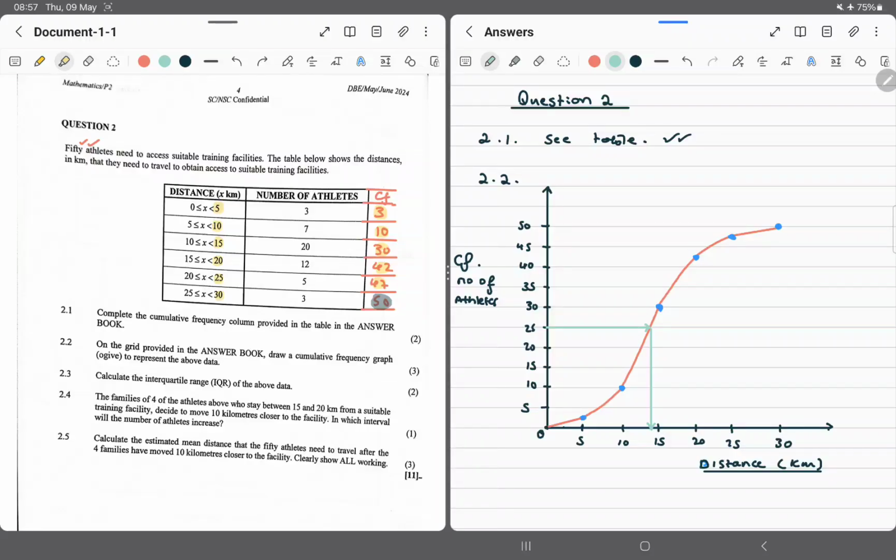It gives us 37,5. Now that makes a bit of sense. So 35, 36, 37, somewhere around there.